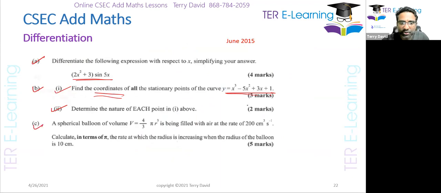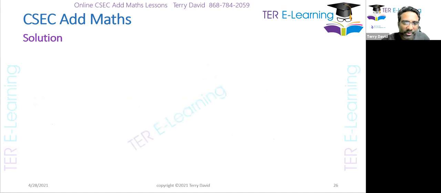The last part now, part C, they said a spherical balloon. So they gave us a formula for the volume of a balloon, which is a sphere, being filled with air at a rate of 200 cm cubed per second. So my volume of this sphere is 4/3 pi r cubed, and it's being filled.